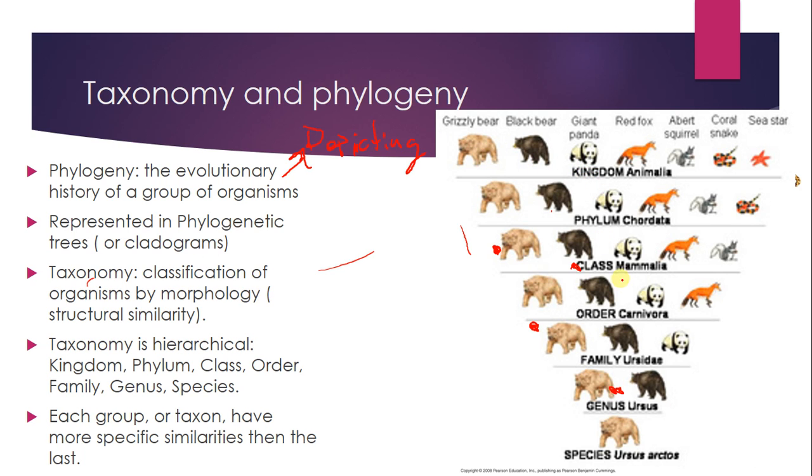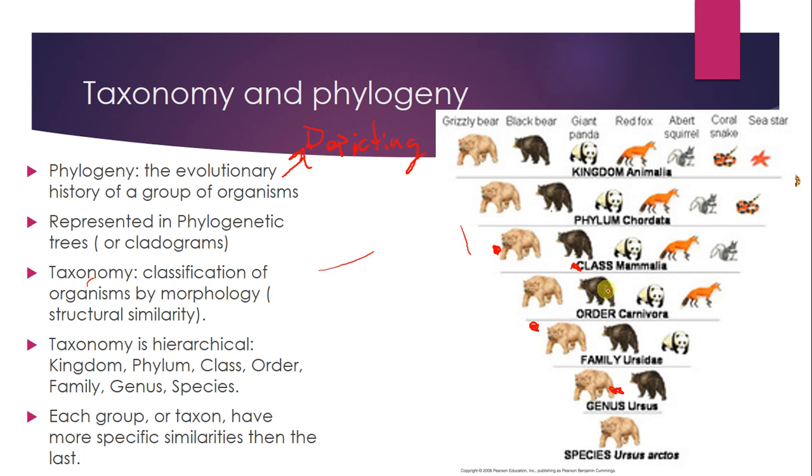However, in the class Mammalia, all of these organisms are mammals. So there's more specific similarity. Each level becomes more specific in what criteria its members have to meet to be part of it. So each of these taxa are groups. So Chordata would be a taxon within phylum, or Carnivora would be a taxon within order.